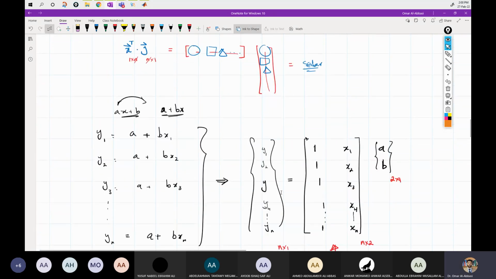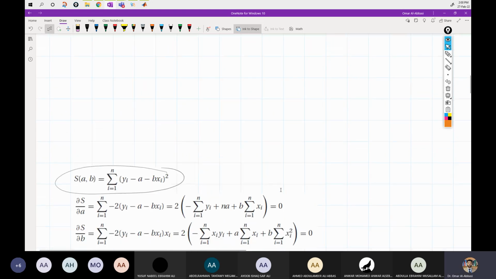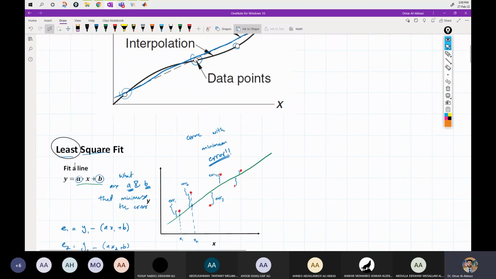Which we did over here, when we took the error and we squared the error. Yes, we took the error and we squared it, exactly, right? So it is least error, it is a square, and it is a fit, okay? So that's why the name comes about.